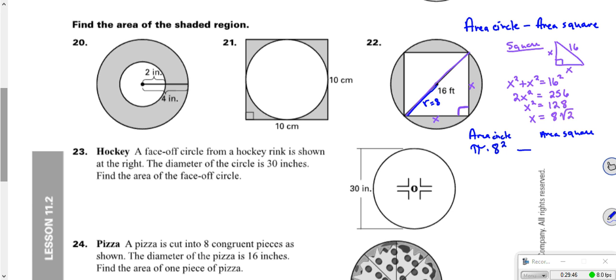Remember, area of a square is the length of one side squared, or length times width, they just happen to be the same measurement. So this is 8 root 2 squared. This gives me 64 pi minus 128. 64 pi minus 128 is approximately 73.06 square feet.